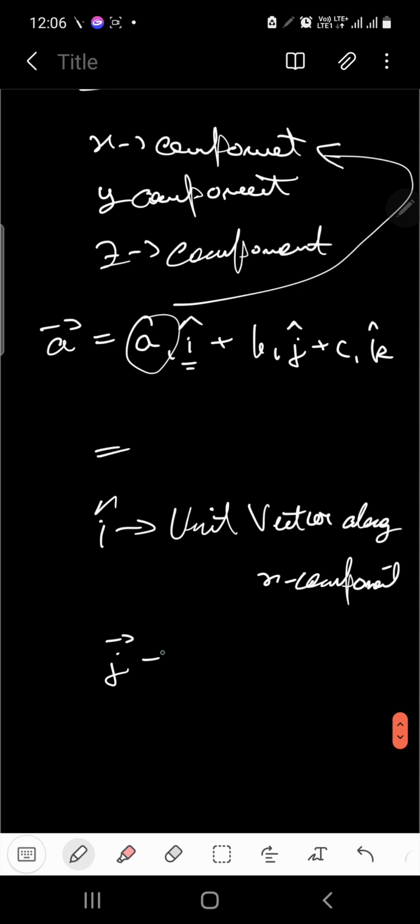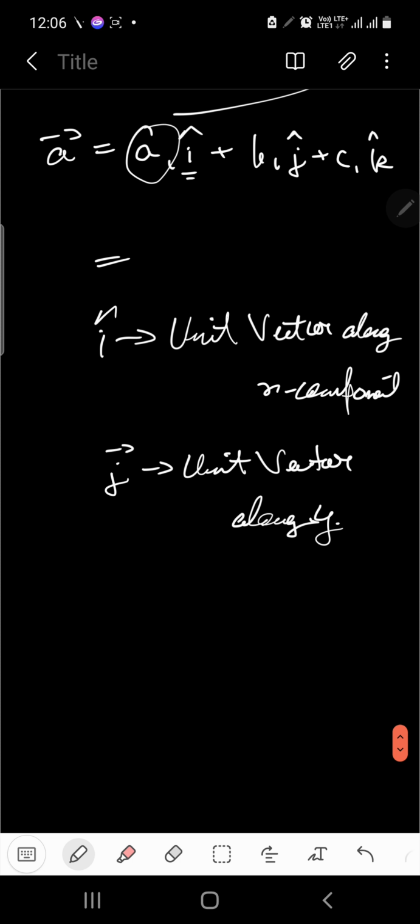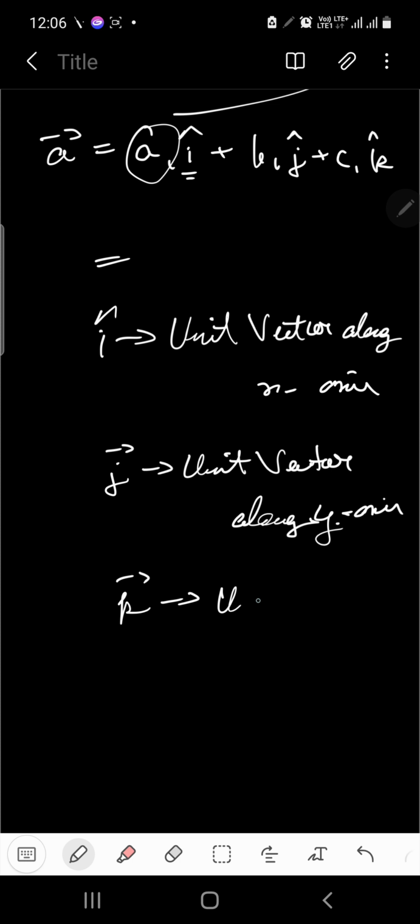Similarly, j cap is unit vector along y axis. Sorry, I said component, not axis, I'm very sorry. Okay, y axis. And k cap is unit vector along z axis. Clear?